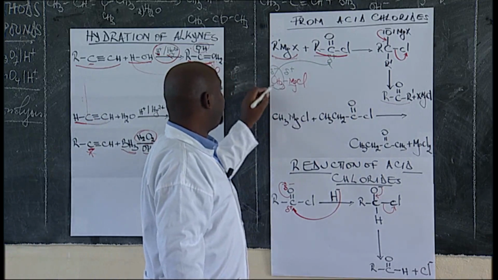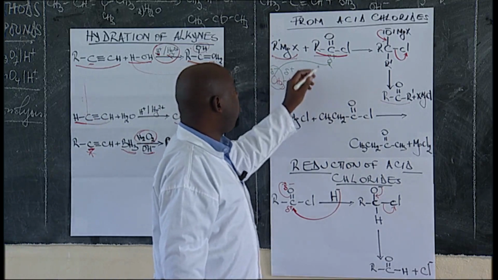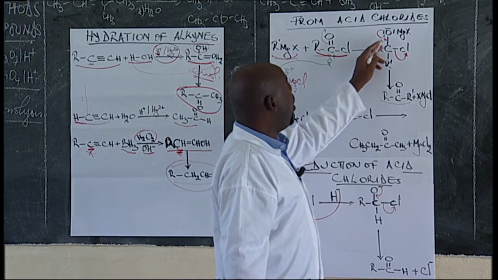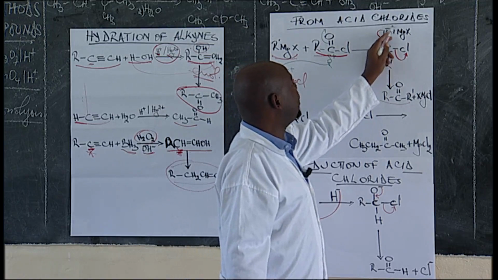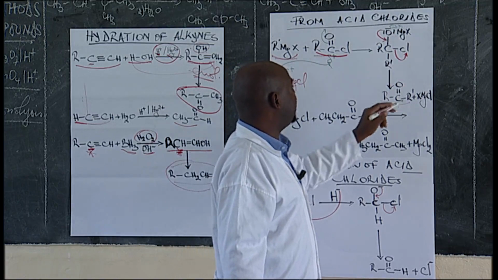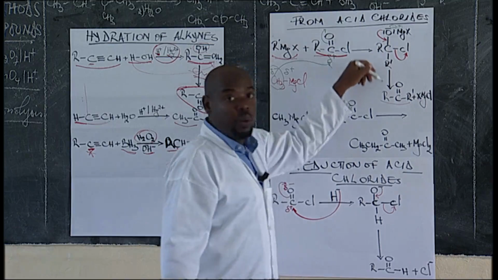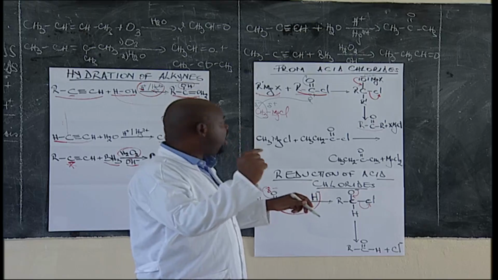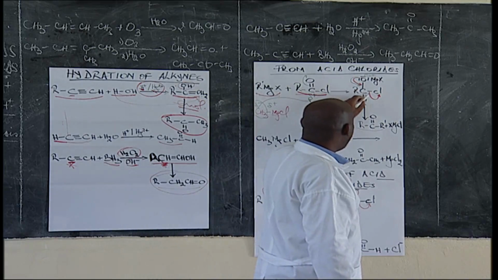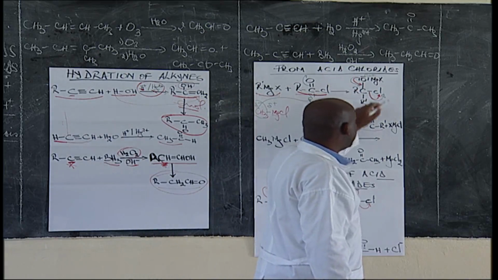The partial negative part will attack this one while the bond will open. And we get oxygen, which has a negative charge, and the magnesium with a positive charge. But this one will immediately undergo a rearrangement to reform the double bond here, and this bond will be broken.